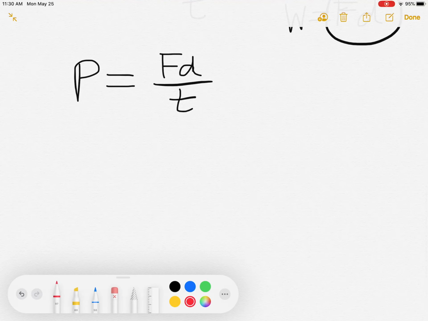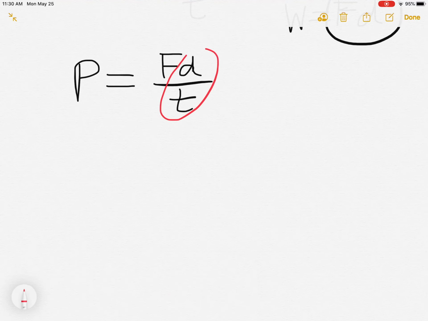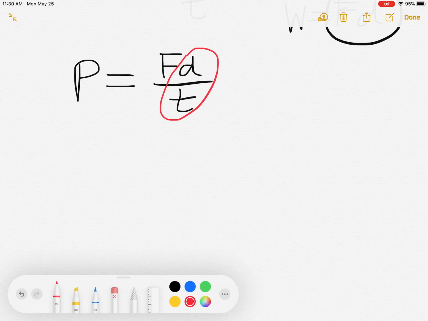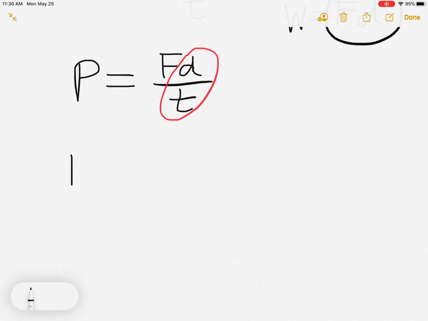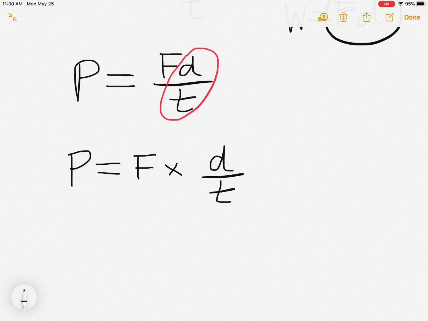Now, look at this part right here. We can break this up into a multiplication that looks like this: force multiplied by distance over time. All we did is pull apart that fraction. And now if you look at this, guess what that is?